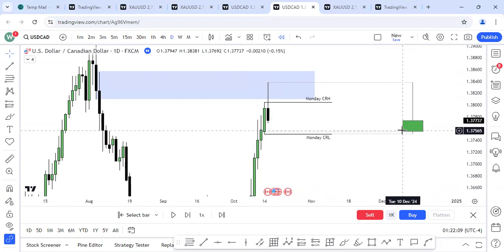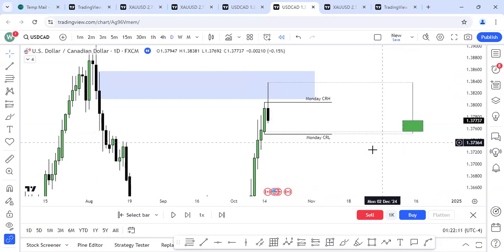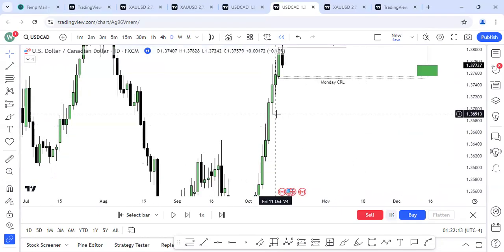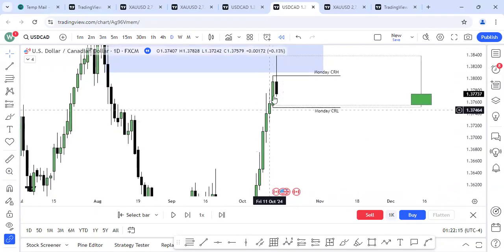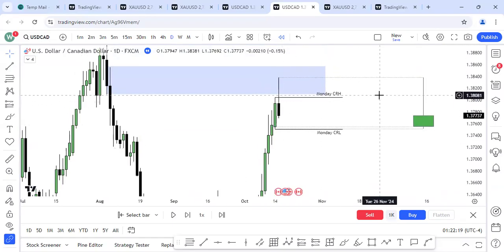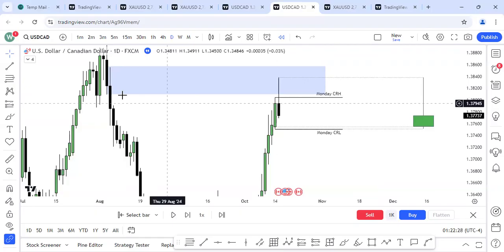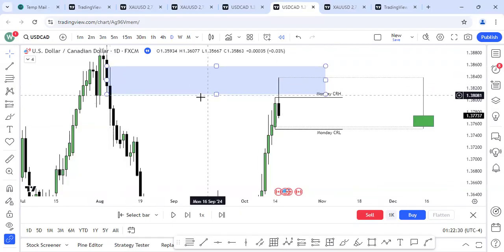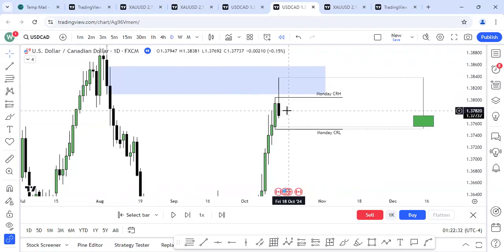We can look for shorts. And as we saw price running up with this big expansion move, we can expect what? Retracement. So where was I expecting a retracement? Here on this volume imbalance.